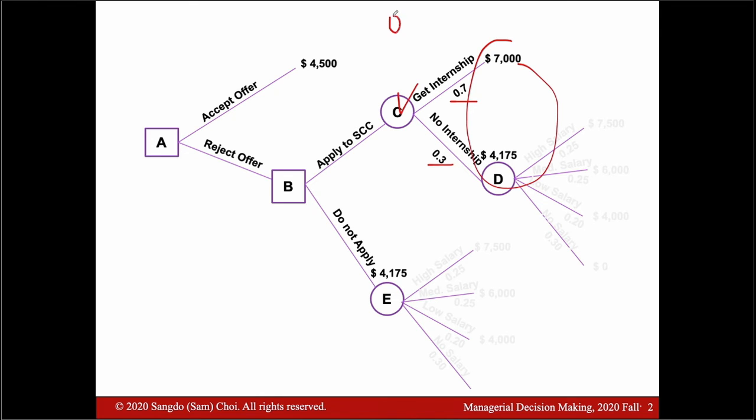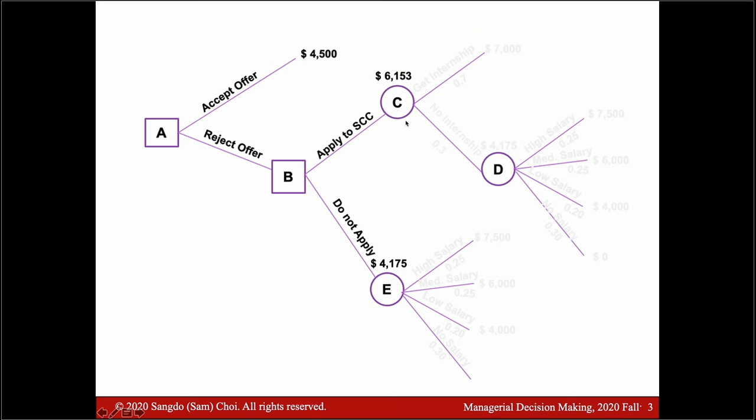The expected value will be 0.7 times 7,000 plus 30% times 4,175. So compute this number. You have to compute the expected value for event node C. Please compute.